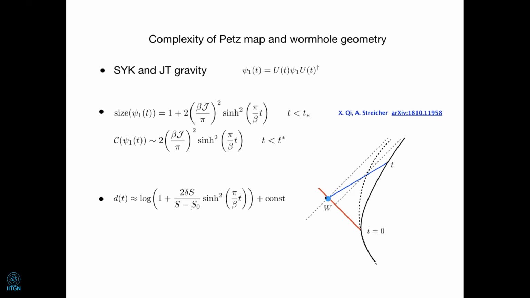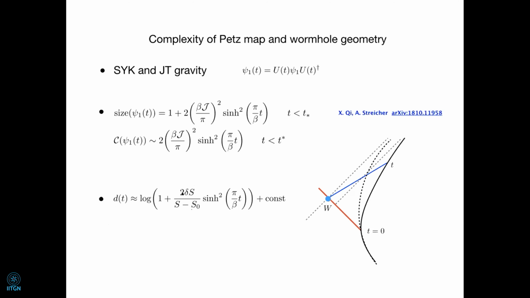So let's look at the maximal volume between this point and this point. Because we are at dimension d equals 2, the volume here is basically nothing but the geodesic distance. One can work this out in JT gravity and see that it grows in the following way: log of 1 plus a small number times sinh squared of pi over beta t.